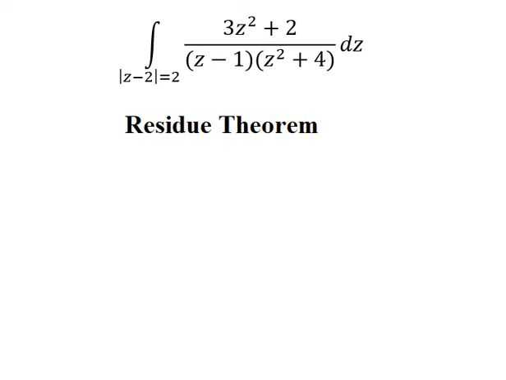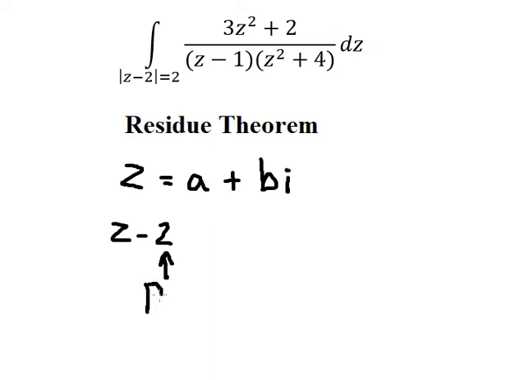The first thing we need to consider is this one. We know that z equals a plus bi, where i is the imaginary unit. And now we have negative number 2. Negative 2 is the real number.